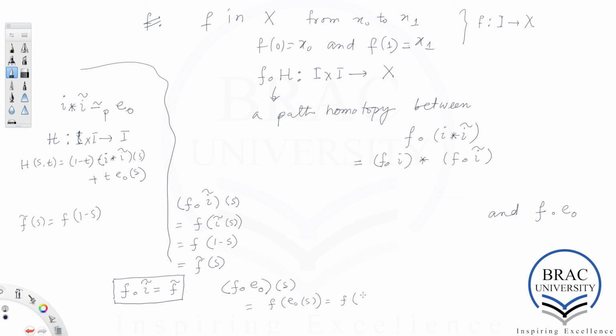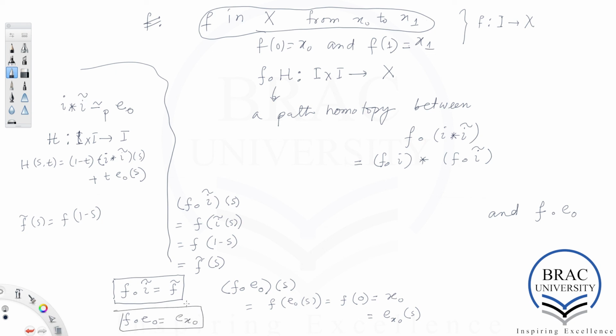So this is f of 0, and f of 0 is x0 because f is a path from x0 to x1 in X. And this is the map E sub x0 at S, the constant map. So we see that f composed with E0 is going to be equal to E sub x0.